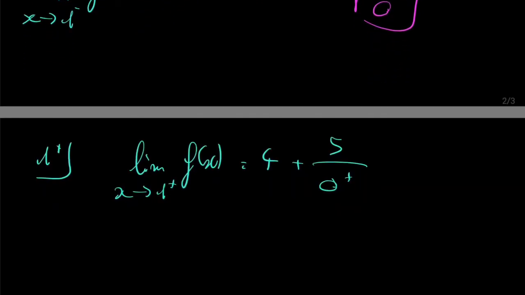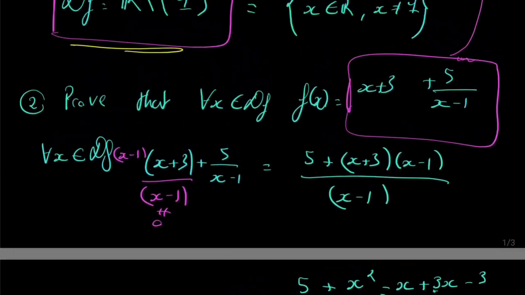And 5 over 0 plus will be this time equal to plus infinity. And of course 4 plus infinity is equal to plus infinity. And we have found our limit.